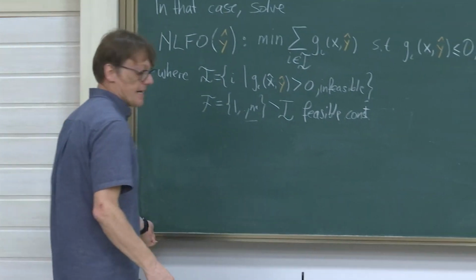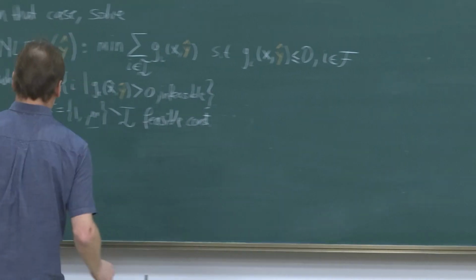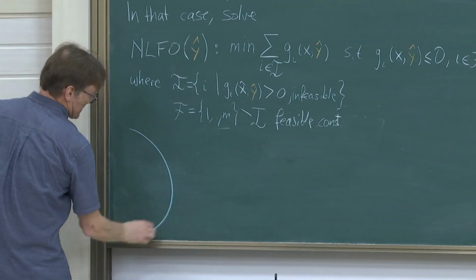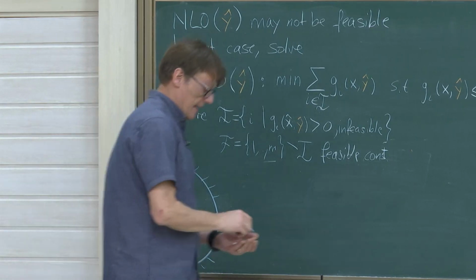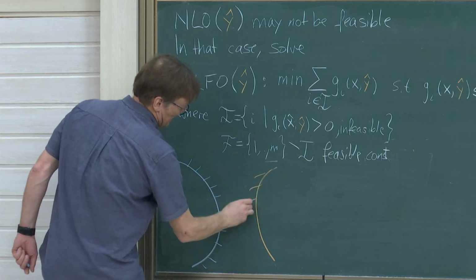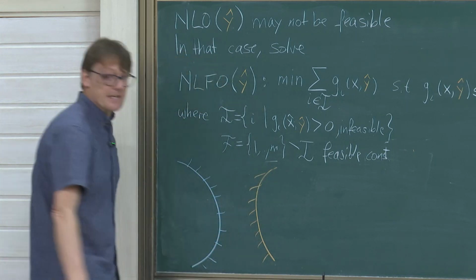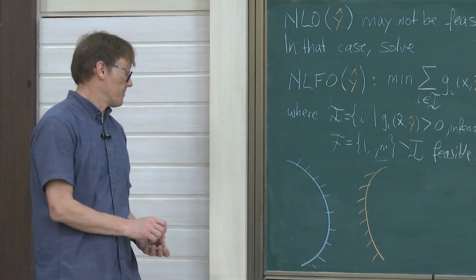So a little picture here. I'll just do this really quick. You could have two convex constraints. One convex constraint is over here, and then there's another convex constraint that is over here. And if you want to be in the intersection of these two constraints, you're out of luck.